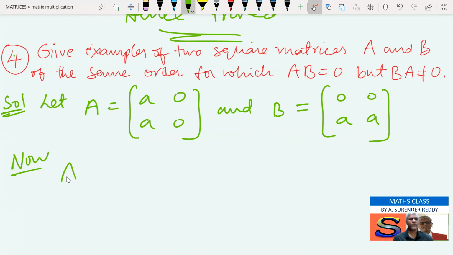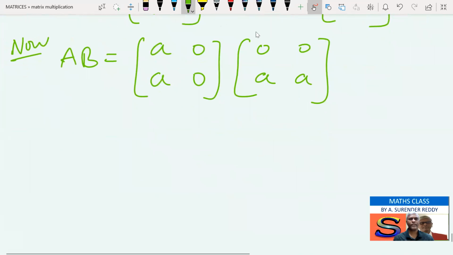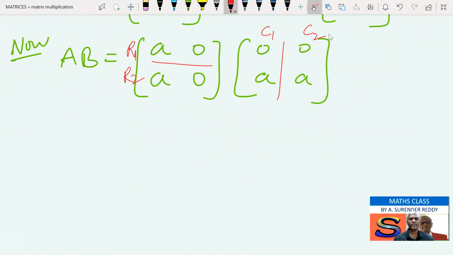AB. So A, 0, A, 0 into 0, 0, A, A. You know how to multiply? Rows with columns. So R1, R2, C1, C2.